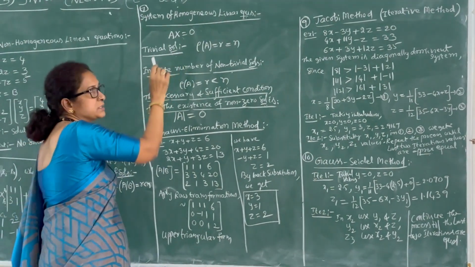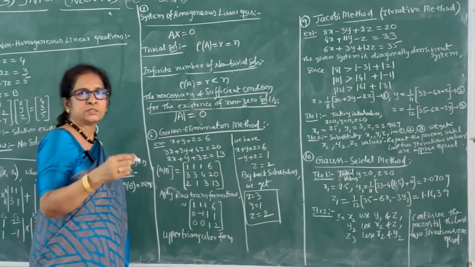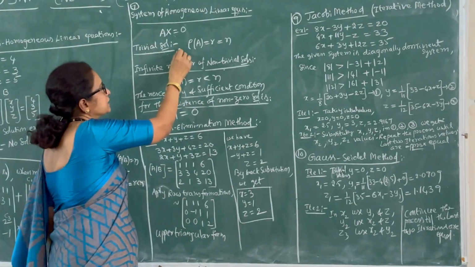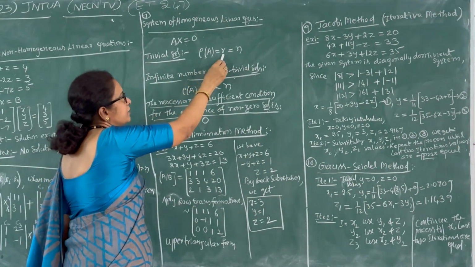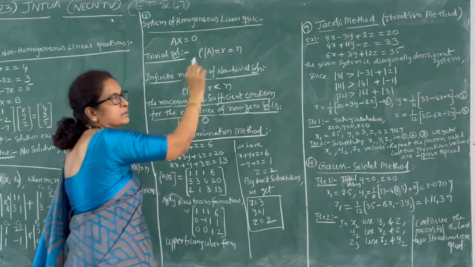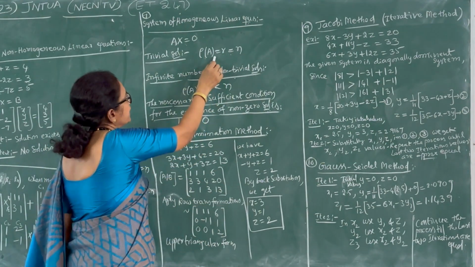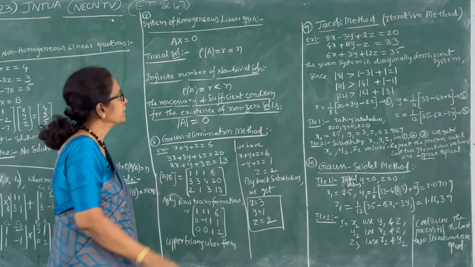Trivial solution means zero solution, that is x = y = z = 0. So how to check this? If rank of A is equal to r, which is equal to n, the number of variables, then the given system has a trivial solution.